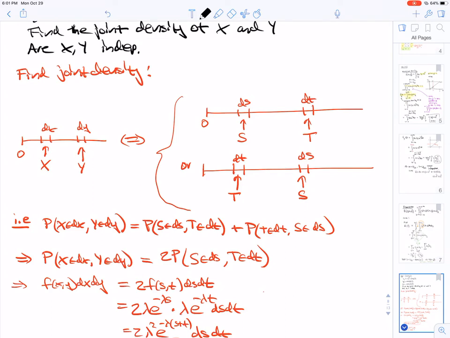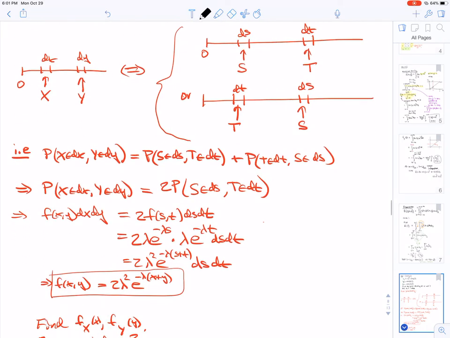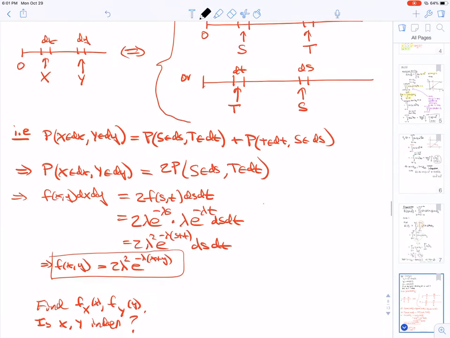So for x to be in dx and y to be in dy, we either have s in ds and t in dt with ds coming before dt, or we have t in dt and s in ds with dt coming before ds. So using the addition rule, you can write out what those probabilities are, just as I've done here. You see that the two probabilities on the right are completely equivalent, so we just get twice the probability that s is in ds and t is in dt.